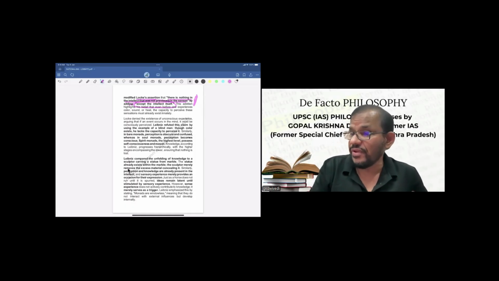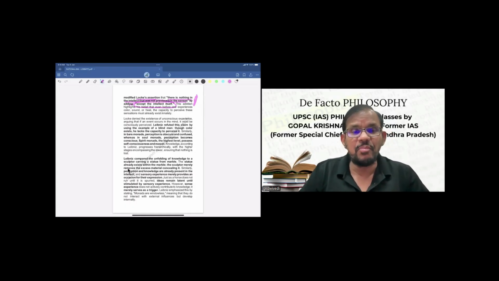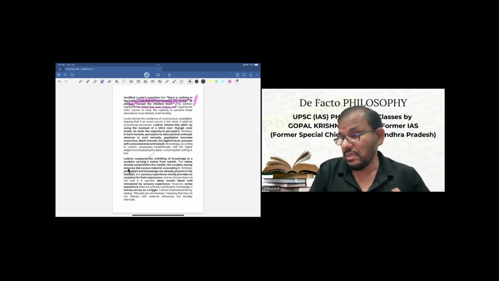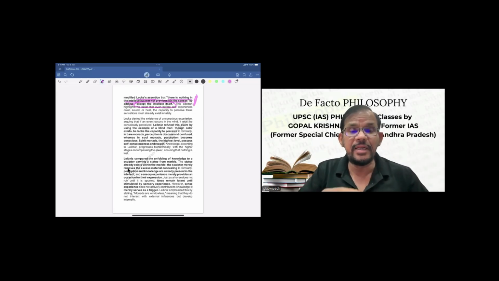If we remember, he has given four kinds of monads, and in all four, the perception levels are different. Bare monads' perception is very minimal, and for soul and spirit monads it is higher, and for God all kinds of perception are possible. So he has a very hierarchical order of monads and accordingly a hierarchical order of perception also.